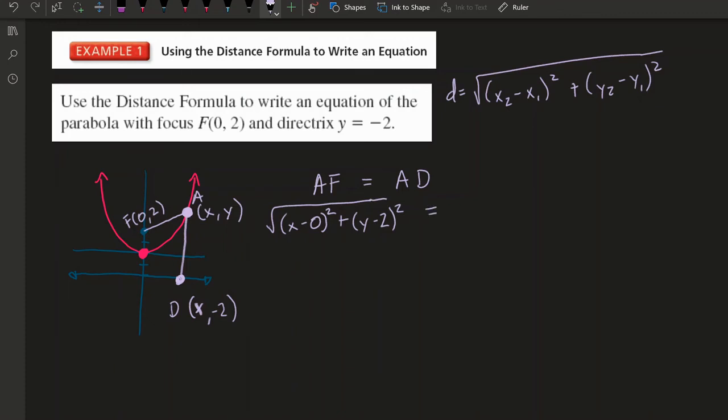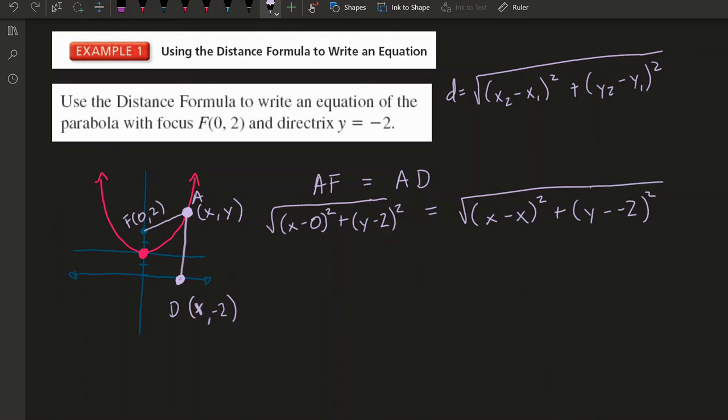That's going to be equal to the distance from A to D. So that would be the square root of x minus x squared plus y minus -2 squared.